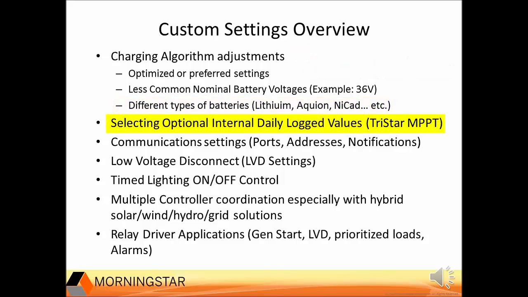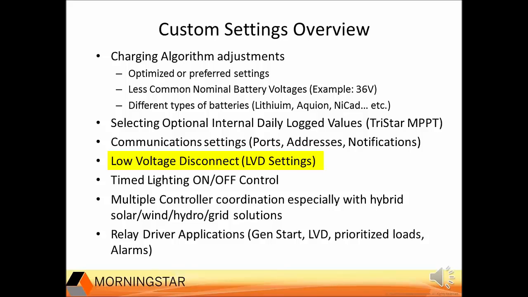For the TriStar MPPT, you can select optional internal daily log values that you can program using MSView, and there are also communication settings that can be set in MSView. There's low voltage disconnect, so load settings can be used with the TriStar, not with the TriStar MPPT or the TriStar in charging mode, but with the load control mode or with the SunSaver MPPT and other controllers which have load control.